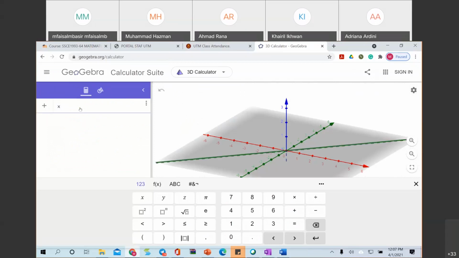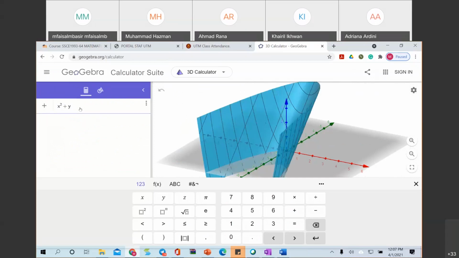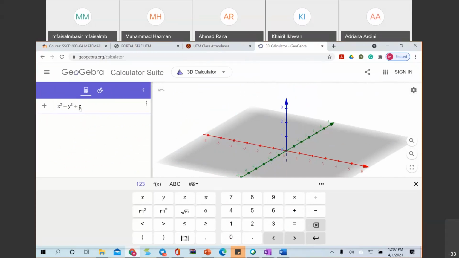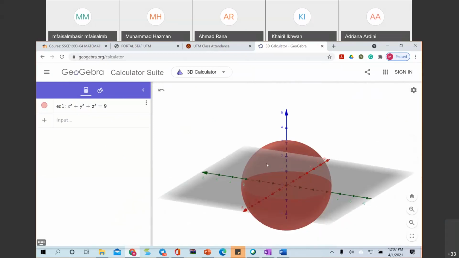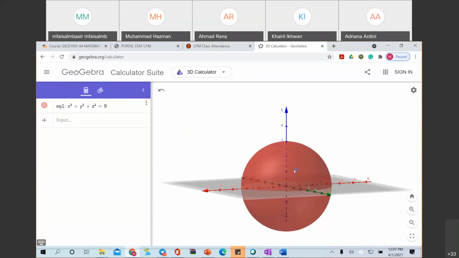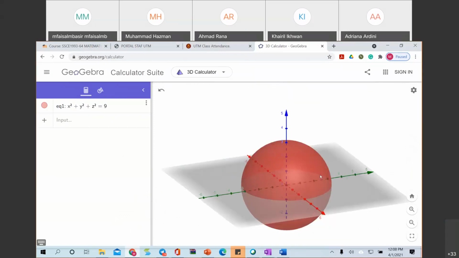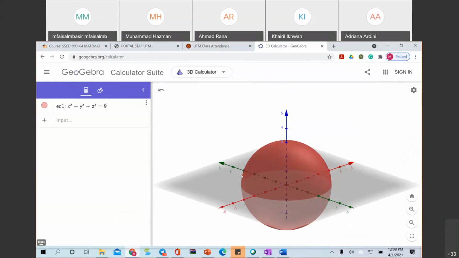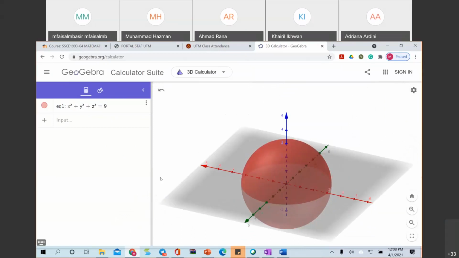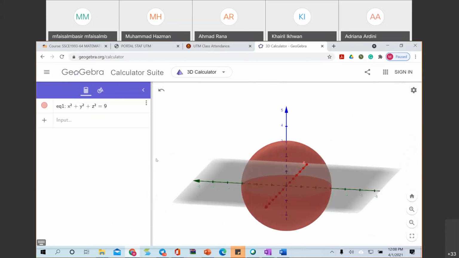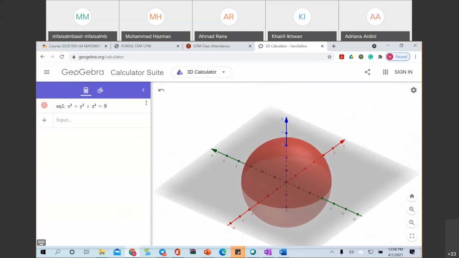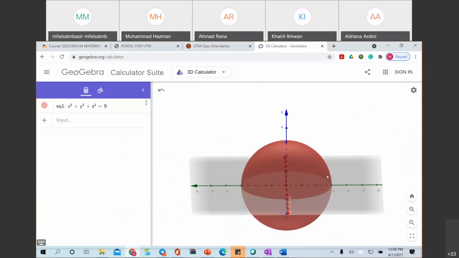So you have x squared, y squared, z squared equals 9. See? So in this case, your z is the blue color, your x maybe red, okay? And your y should be in green color. Okay?